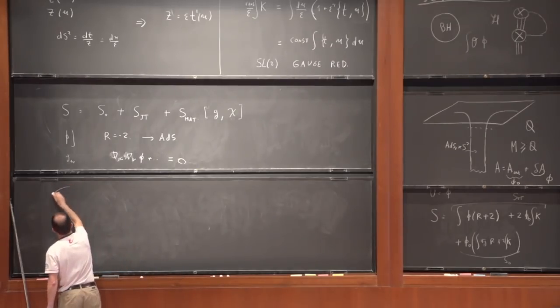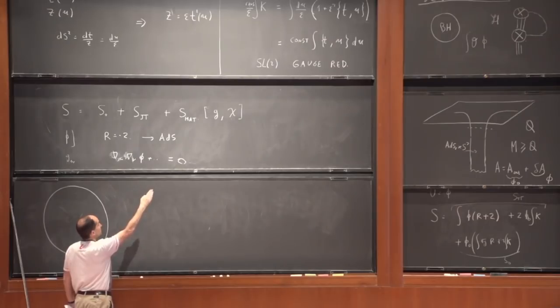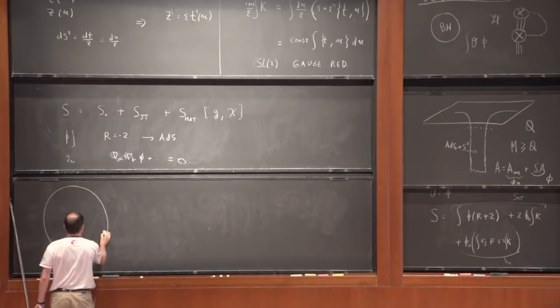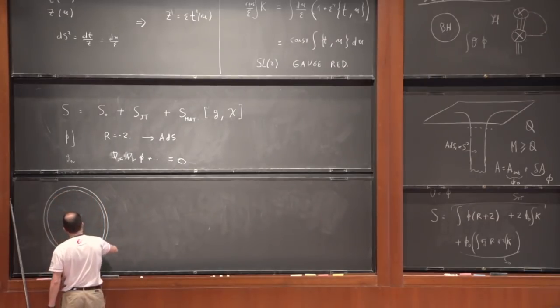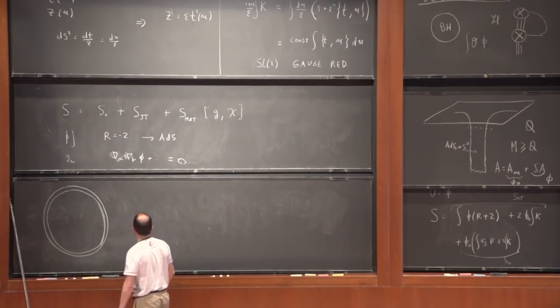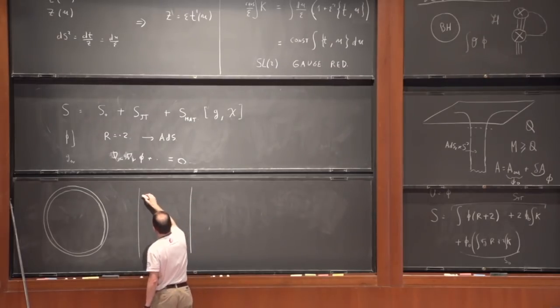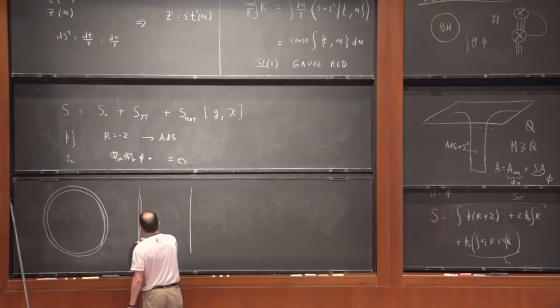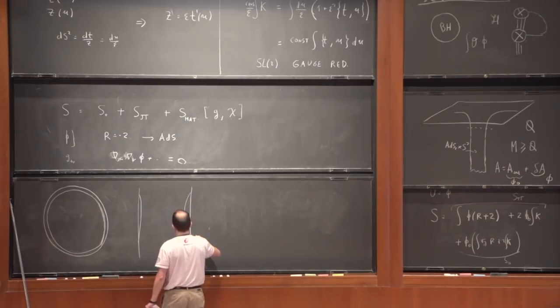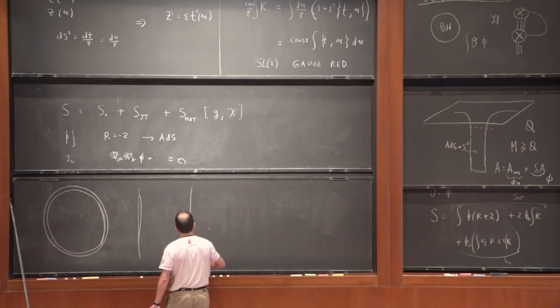Now we discussed that in the Euclidean case we could have all these various geometries, but then we have that action, and the only solution to that action, up to overall SL2 translations, is a simple circle. When we continue this to Lorentzian signature, we get a geometry where the boundary is symmetric.